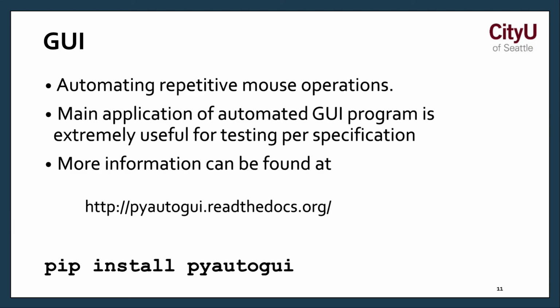Let's talk about GUI, which is graphical user interface. It automates repetitive mouse operations. The main application of automated GUI programs is extremely useful for testing per specification. More can be found here, AutoGUI.